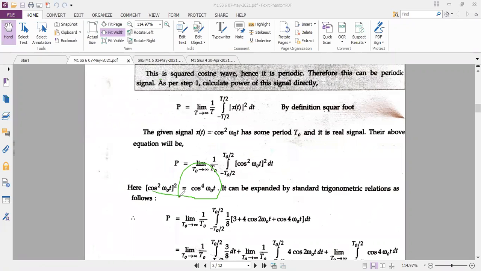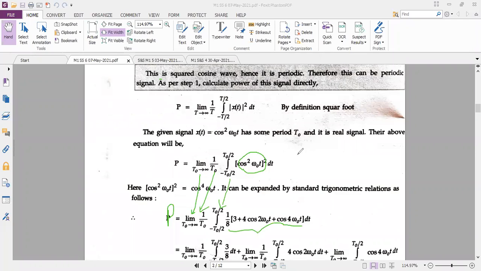I don't know whether you people have studied the cos power 4 theta formula in trigonometry in mathematics. If not, you can at least write it down now. So let me give you the answer. See, power P is equal to limit T naught tends to infinity, 1 by T naught, same as per the formula. Limits are the same. Only in place of cos power 4 omega naught t, I am substituting its formula.